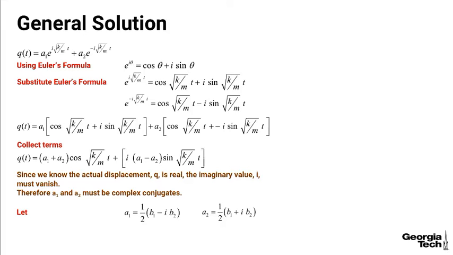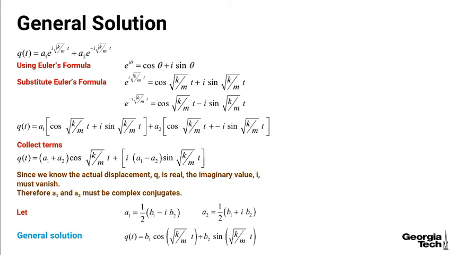You can see on this top term, A1 plus A2 will get rid of the i's and just end up being B1, and A1 minus A2 will get rid of the B1s and end up with minus i squared B2, which multiplied by i will get rid of that imaginary part. And so I end up with our general solution there.